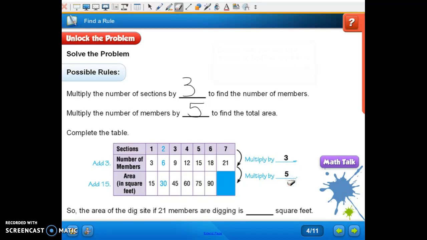And so 21 times 5, well 5 times 20 is what? 100. And 1 times 5 is 5. So this should say 105. So the area of the dig site, if 21 members are digging, is 105 square feet.